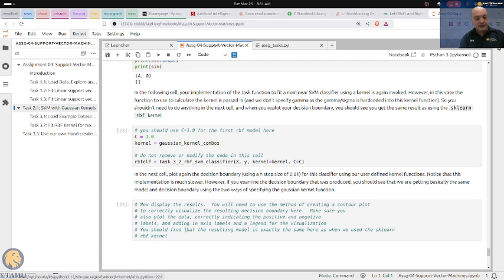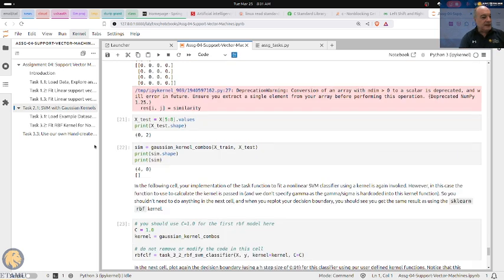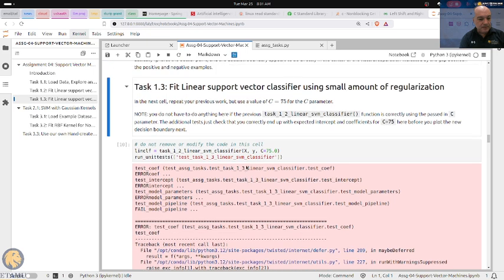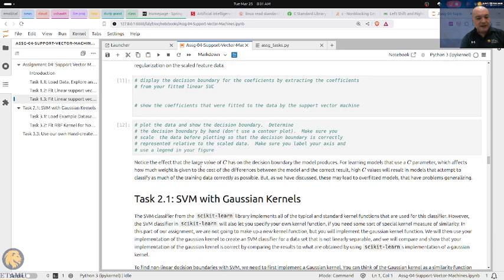So, we can talk about this as well. I do ask you in one or two places, hopefully I did mention this last time, so just a reminder on that. You are asked to plot the decision boundary, both for the linear fit and in part 3 for when we're using a Gaussian kernel to get a nonlinear decision boundary.